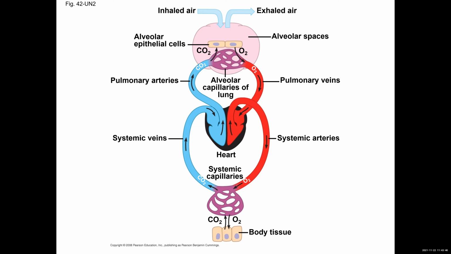When we have our discussion of the respiratory system, it's tied to our discussion of the circulatory system, because when we look at how the carbon dioxide and oxygen get taken to the cells, places where they are needed, and how the carbon dioxide gets back to the lung, how do we get rid of it? We have to think about how it's moving through the circulatory system and how it gets delivered to the cells.